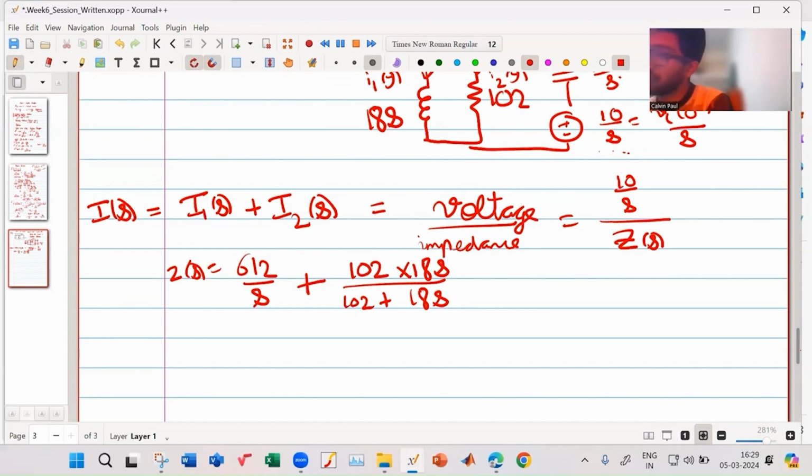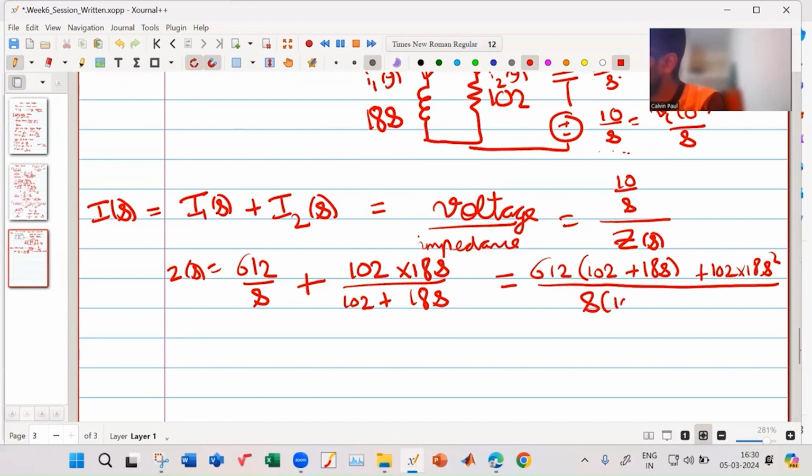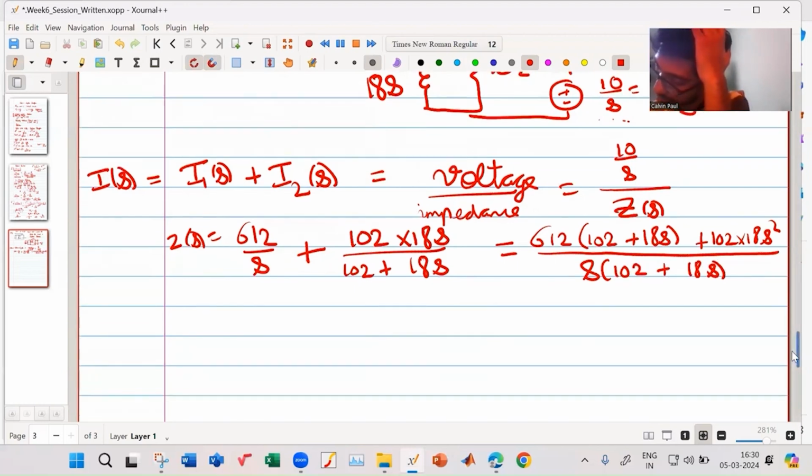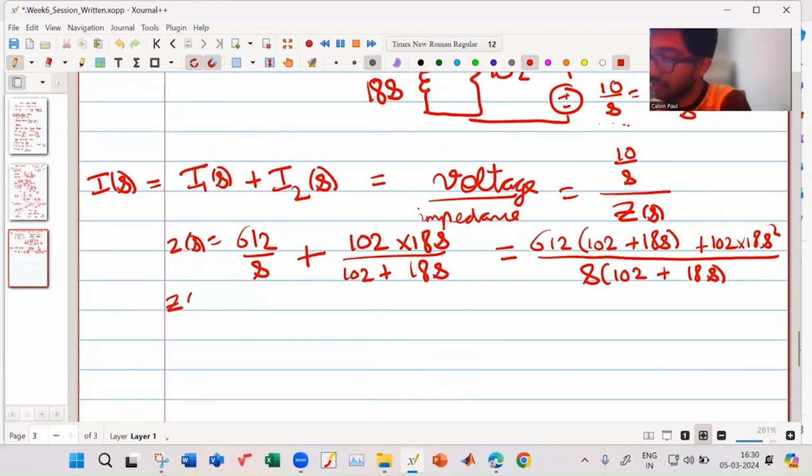So what we do is we cross multiply. We write it as 1 into 102 plus 18s, plus 102 into 18s, divided by s into 102 plus 18s. Let me get my calculator.